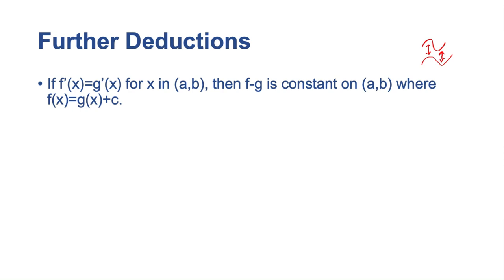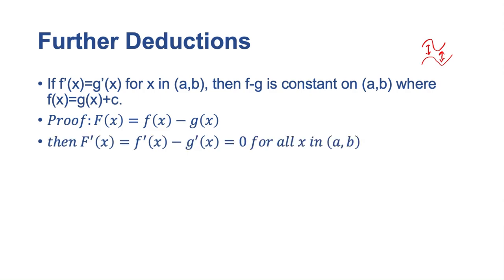Okay, so let's try to prove this. We're going to prove this by making the function capital F of x equals f of x minus g of x. Now if I differentiate this, I'm going to get F prime of x equals little f prime of x minus g prime of x equals 0 for all x in AB.